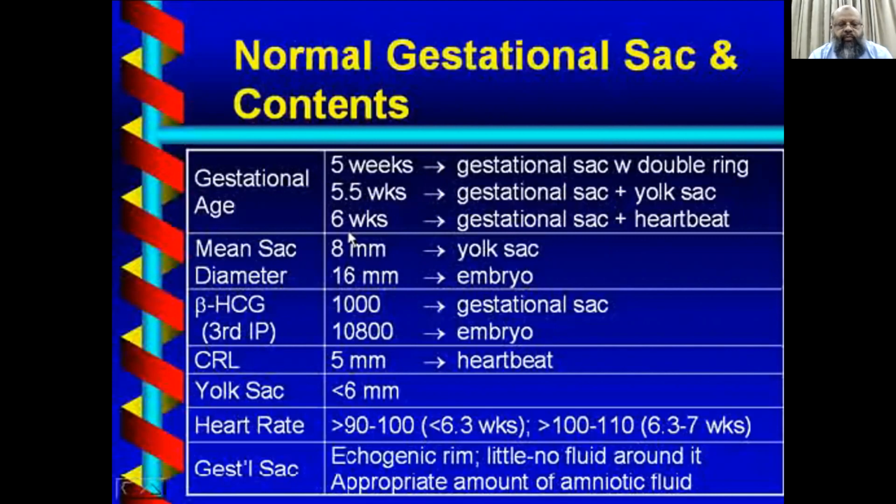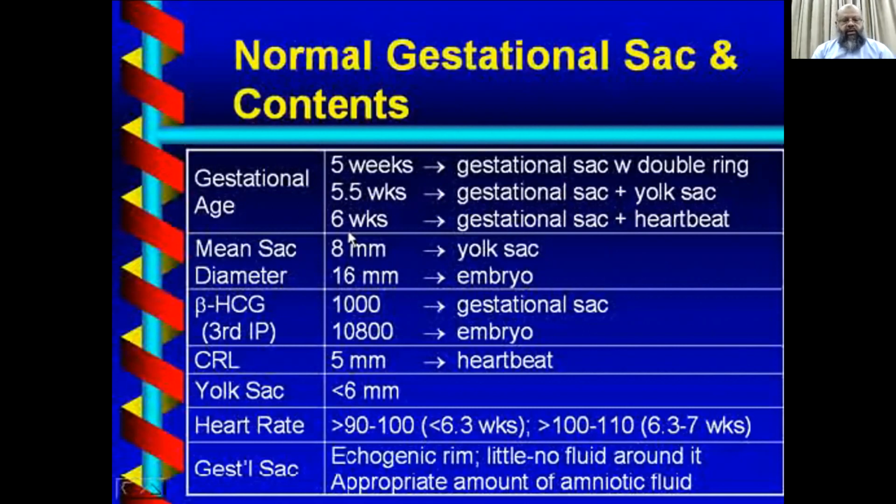Beta HCG, if it is 1000, there must be a gestational sac. If it is 10,800, we must have an embryo within the gestational sac. When we look at CRL, the crown rump length, if it is 5 millimeters, there must be a heartbeat in most of the cases.